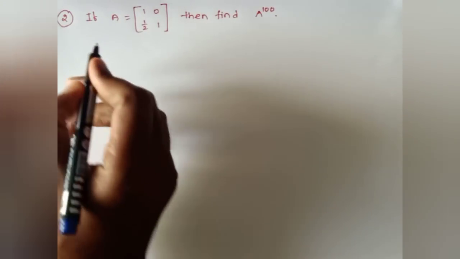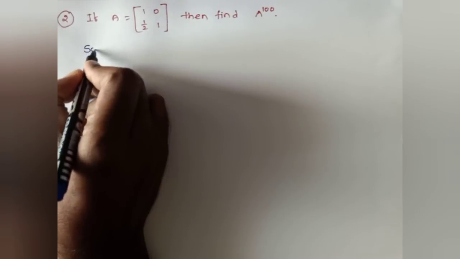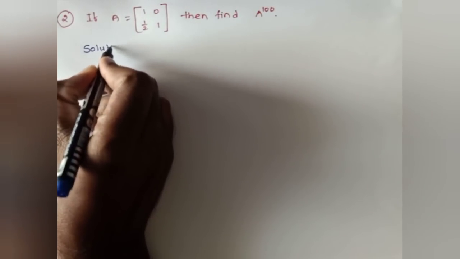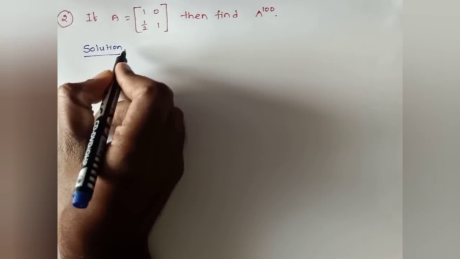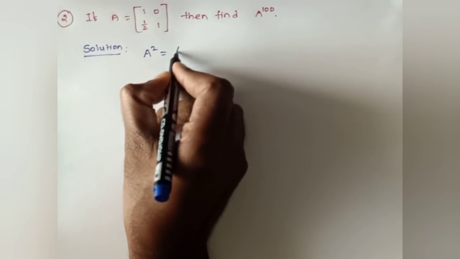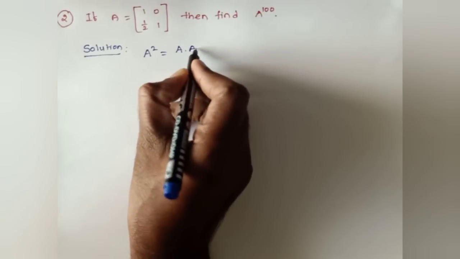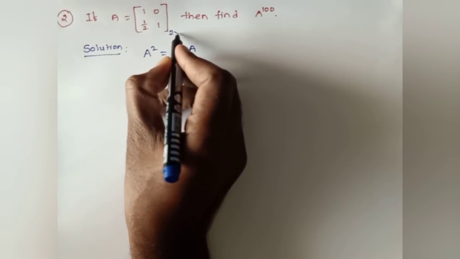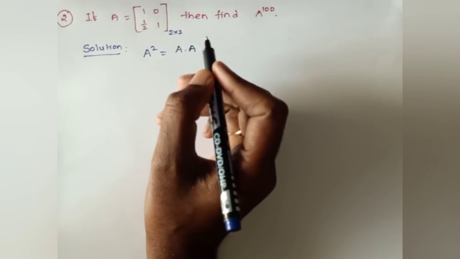Here you have to find A power 100. First of all, find the A square value. A square means A into A. Here A is a square matrix of order 2 by 2.